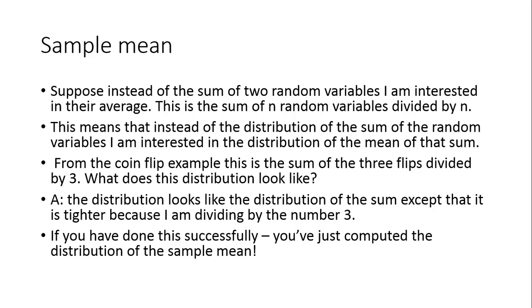That is a distribution, because if I sum all the 3 numbers up and I divide by 3, I get a distribution of all possible averages of those 3 random variables. If you have done this successfully, you've just computed the distribution of the sample mean, and again, this is called a sampling distribution. Okay.